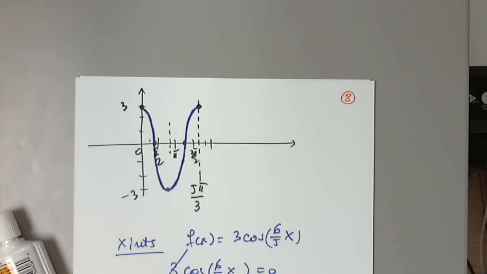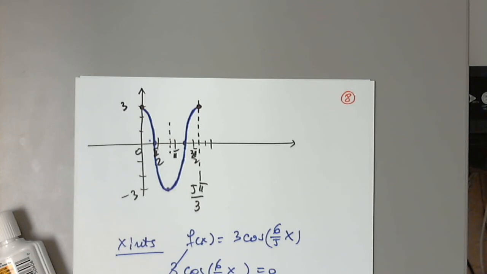I would put 6x divided by 5, or put enough parentheses, otherwise the calculator will do something else. So 3 cosine 6x divided by 5. Or you put 6/5 times x in 2 sets of parentheses, which I don't recommend.